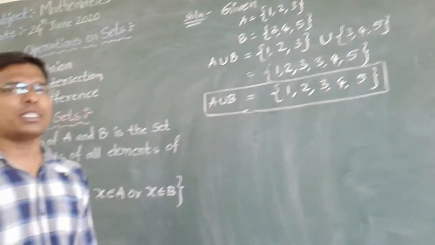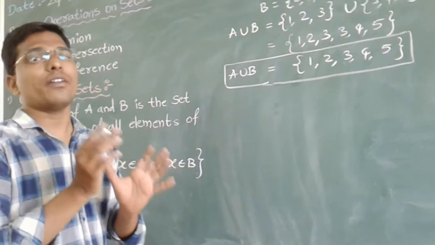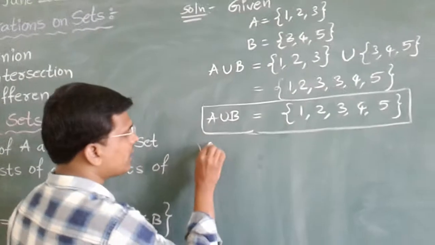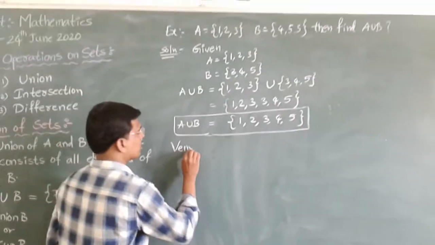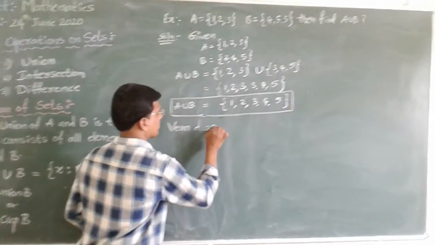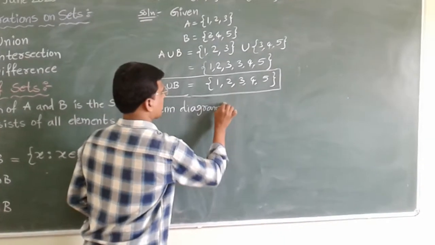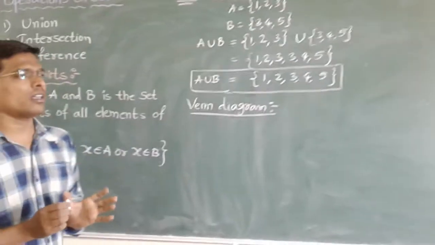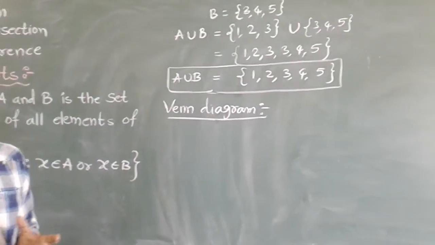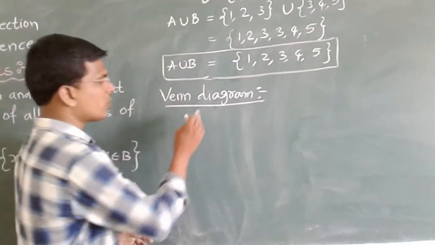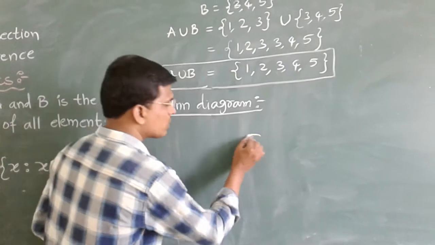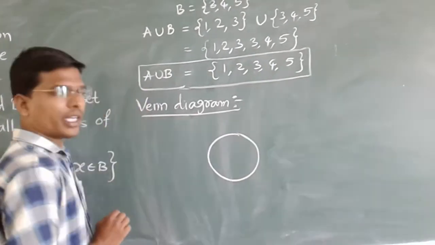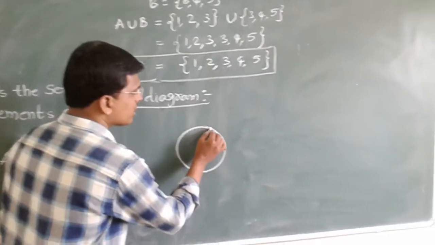Sometimes they may ask you to draw a Venn diagram. A Venn diagram is a diagram which shows the sets on it. Generally for a Venn diagram we use closed figures. Here I am taking circles.